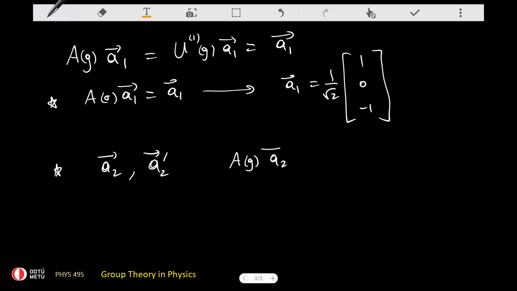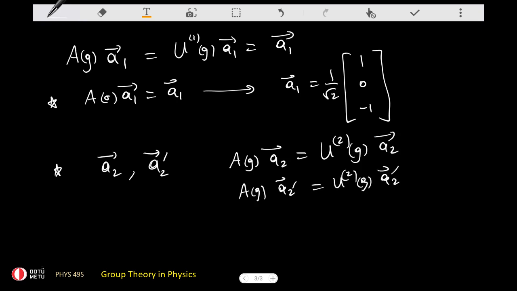Each one transforms like a U2 representation. And the same thing for A2 prime. I'm writing both of them, and I would like to find them, but of course I'm not going to spend too much time in there.